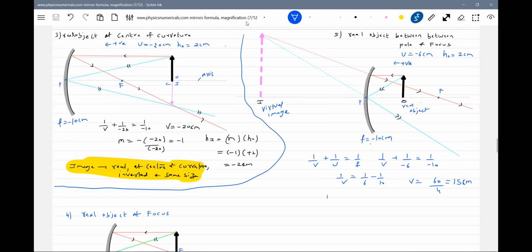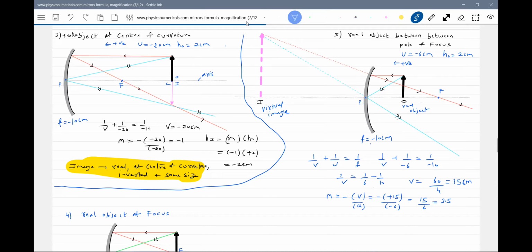Let me find out the magnification. Magnification equals minus V by U, which is plus 15 by minus 6, so 15 by 6. It will be 12, 6, 2... Yeah, 2.5 it will come.